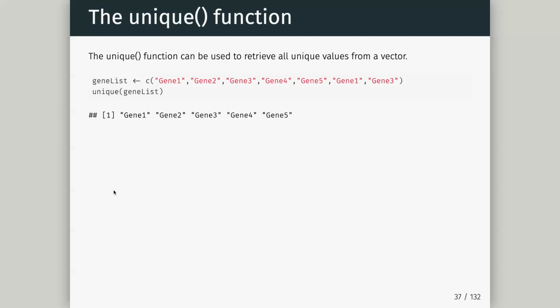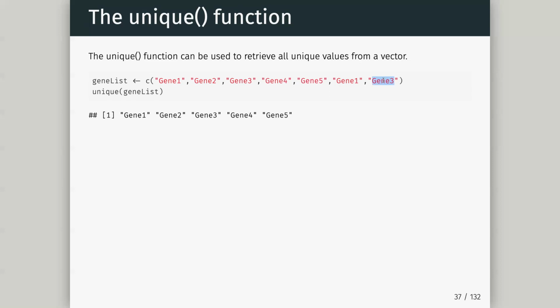A really useful function for working with character vectors is the unique function. The unique function allows us to get all the unique values in our vector. So here I have gene 1, gene 2, gene 3, gene 4, but I'm going to repeat gene 1 and gene 3.